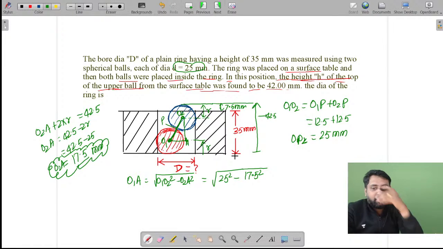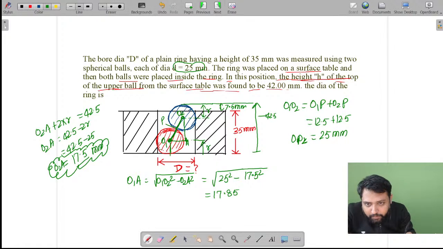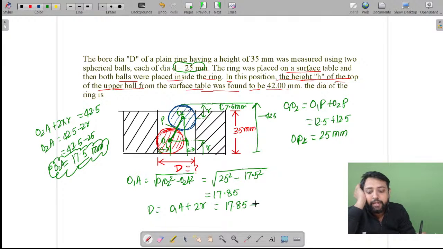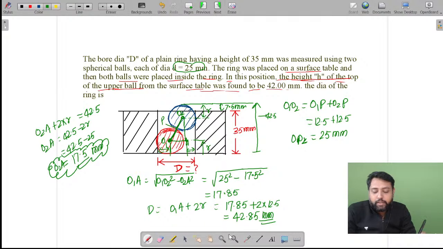We are going to get 17.85, and this much will be again R and this much will be again R. So diameter will become O1A plus 2R, that is equal to 17.85 plus twice of this 12.5, and that is going to be equal to 25 plus 17.85, which is 42.85 mm.